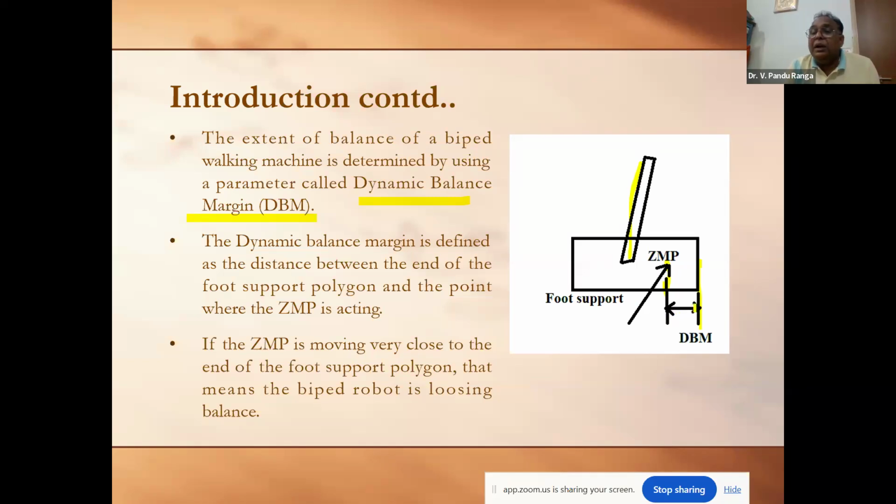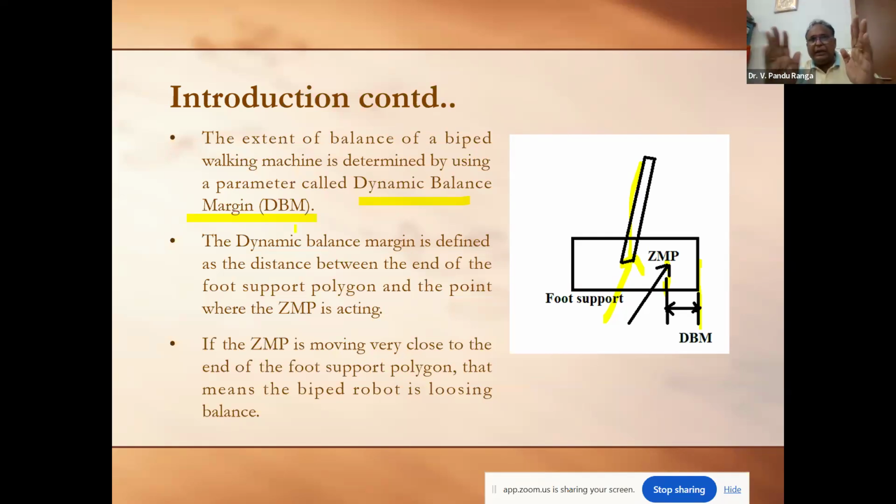This distance is called the dynamic balance margin. If the ZMP is acting at the center of the foot, like whenever we are standing still and not moving, then your ZMP is supposed to fall at the middle of the foot support polygon, meaning the robot has the maximum balance. So when you are walking, what is going to happen?